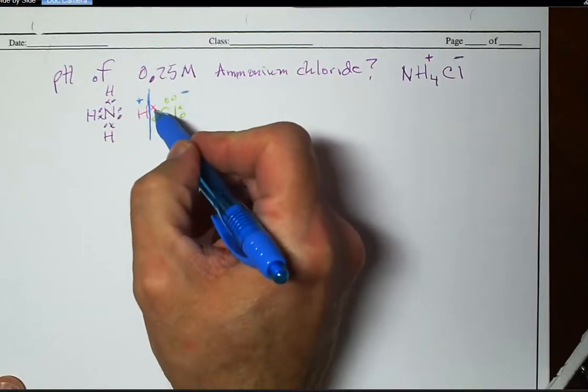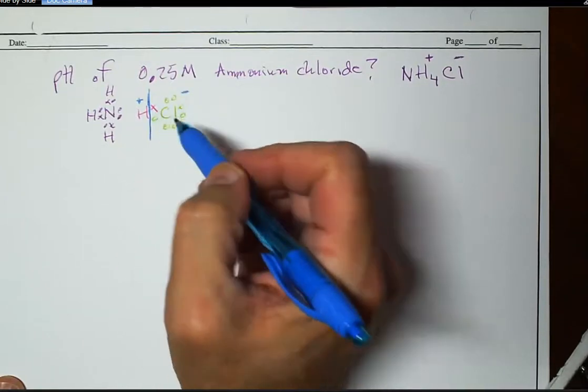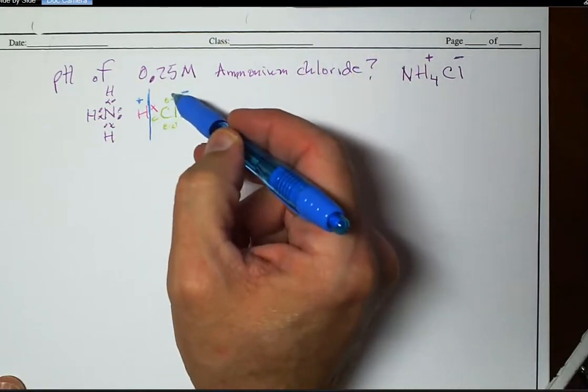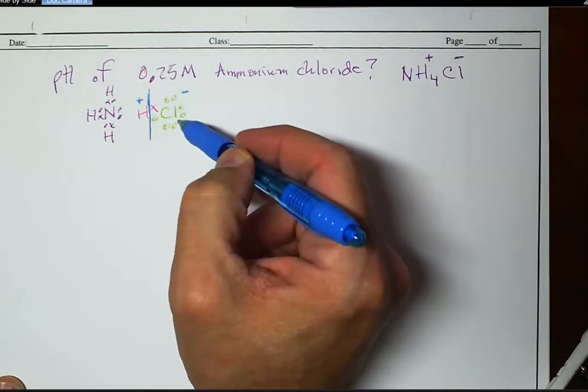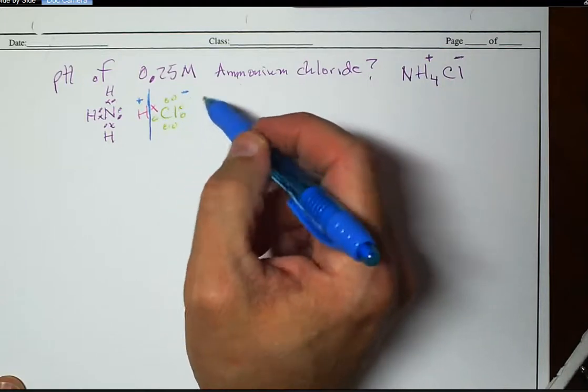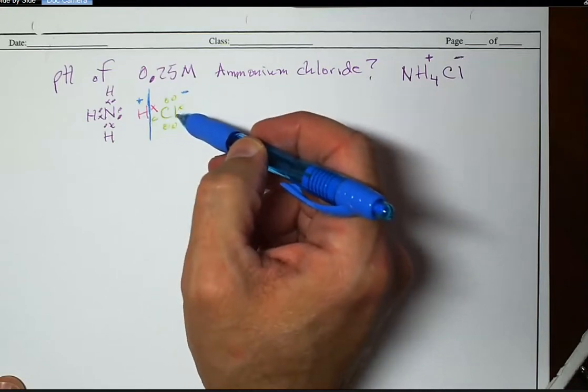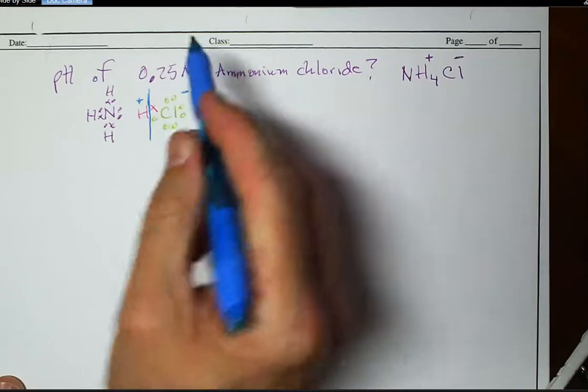It's negative because it has hydrogen's electron, the pink X there. Chloride is the conjugate base of hydrochloric acid, which is a strong acid. Very weak base then. Strong acids have weak conjugate bases and vice versa.